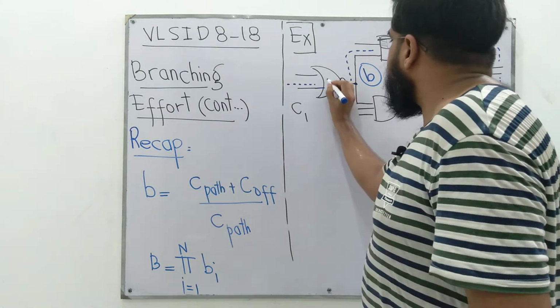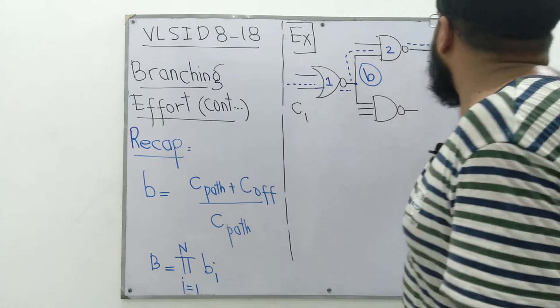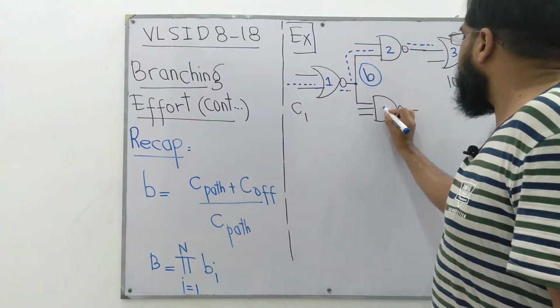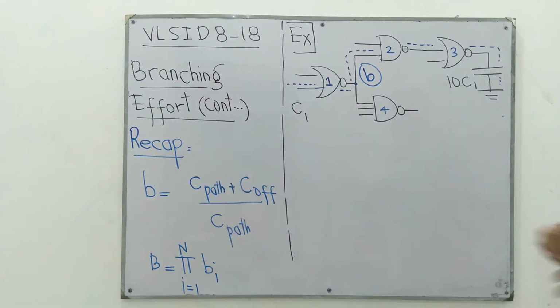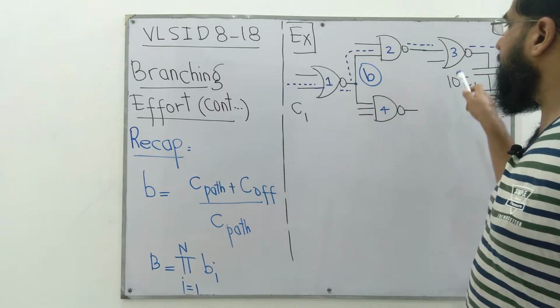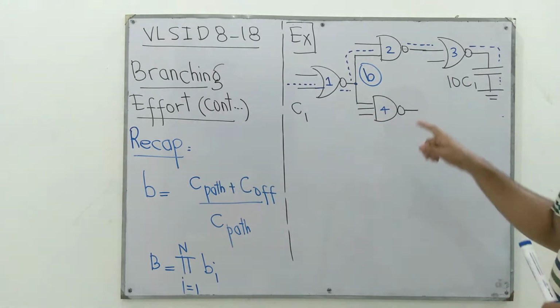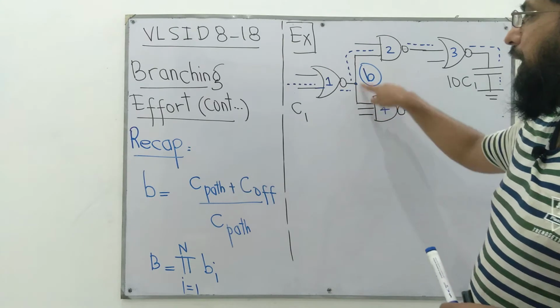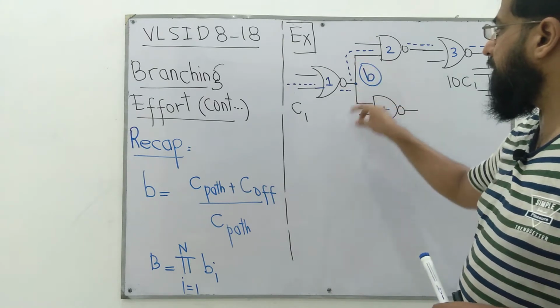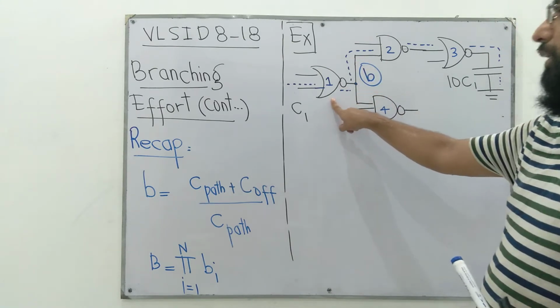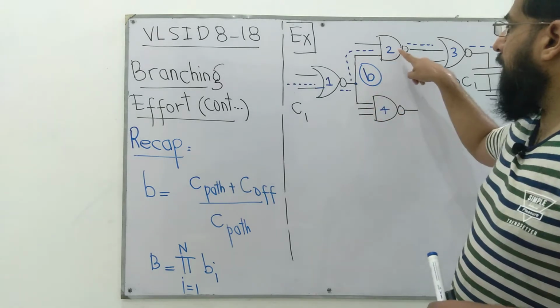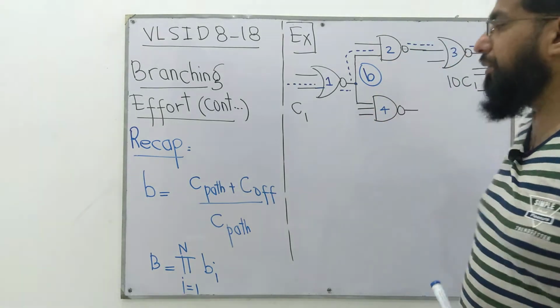Let's number these gates first: 1, 2, 3 and 4. We can see that gates 1, 2 and 3 are in the path, and there is only one place where we have branching, where the output of gate number 1 is being divided between 2 and 4.